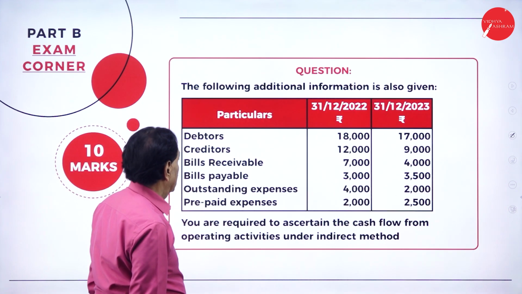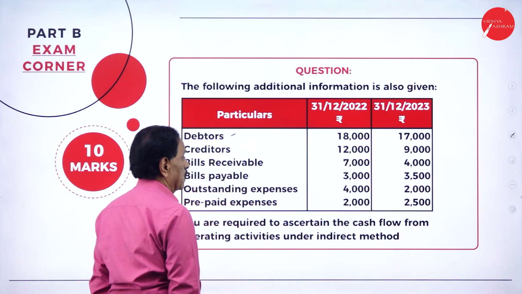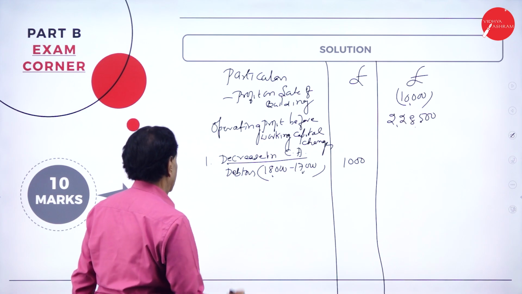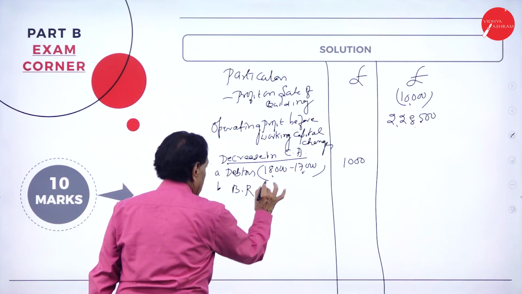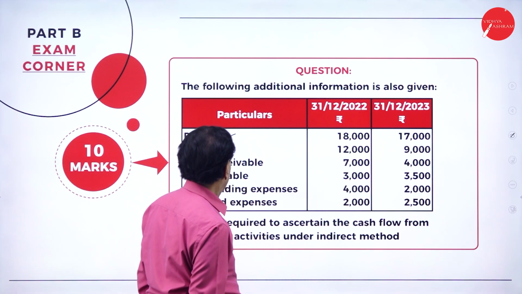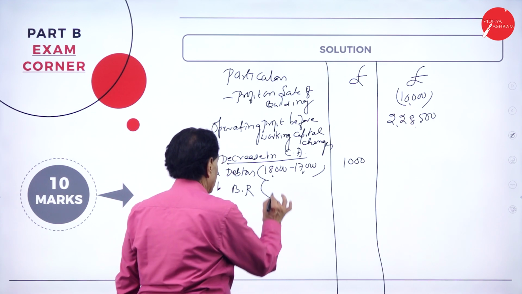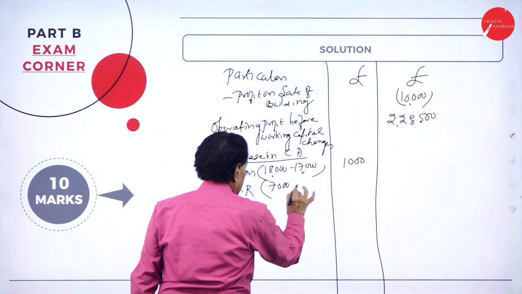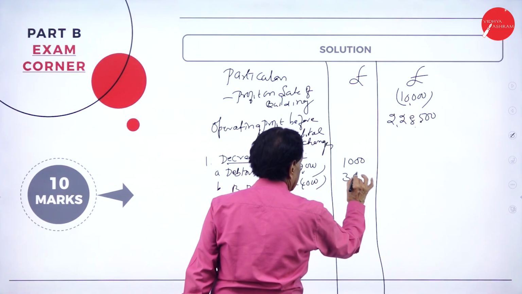Debtor, this over, BR decrease, 7,000 minus 4,000. It becomes 3,000.